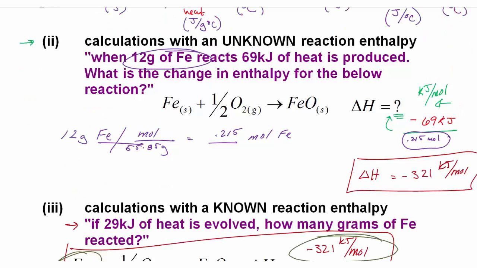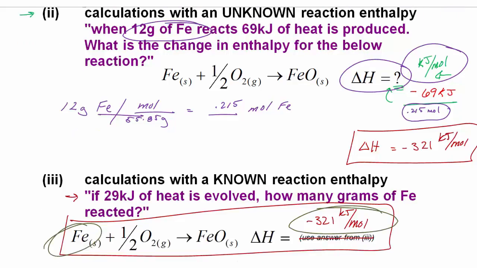Then we have 2 types of thermochemical equation problems. One is where they don't give us the enthalpy. They want you to solve it. And remember, the step there is just remember the units for the enthalpy of a reaction. It's the number of kilojoules divided by the number of moles, and you'll get it every time.